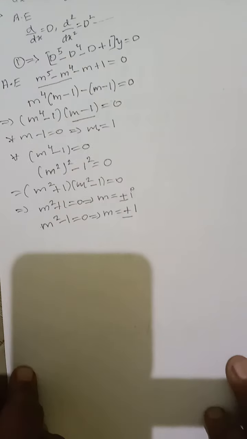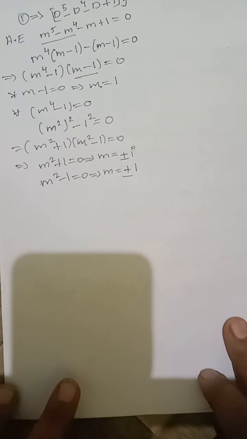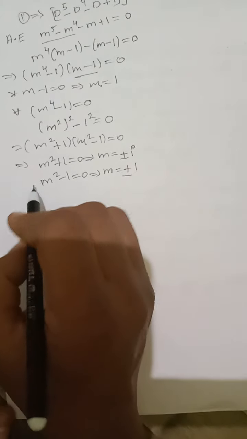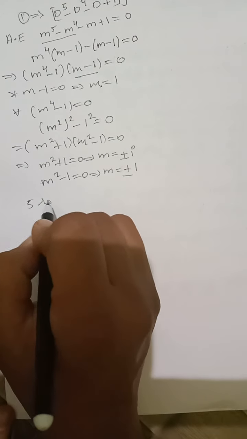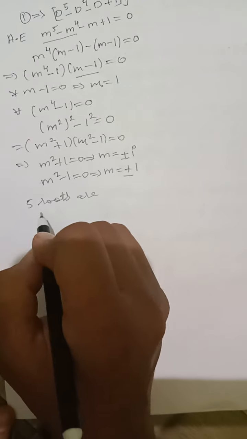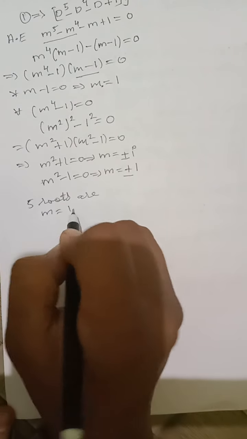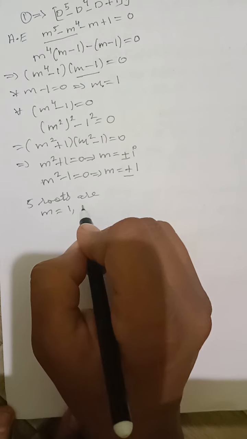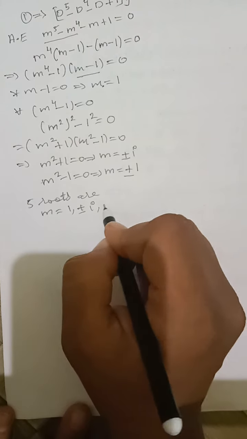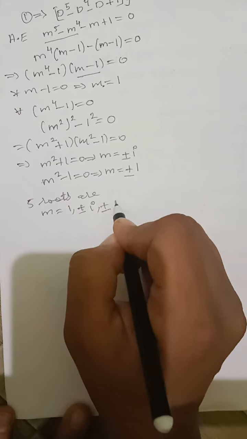Since it is of order 5, we should have 5 roots, and thus we have obtained the 5 roots: 1, plus or minus i, and plus or minus 1.